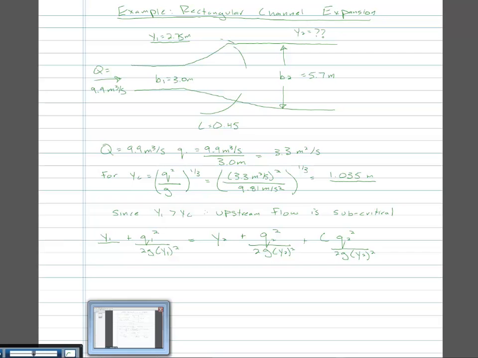What we're going to do is substitute all of the information that we've got, and the only unknown here is going to be the depth at 2.